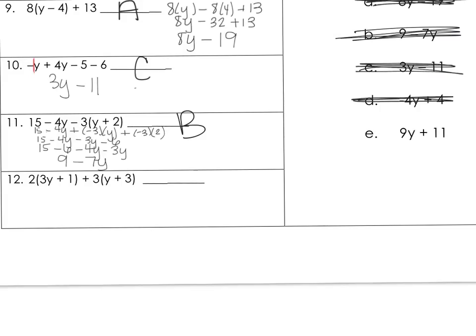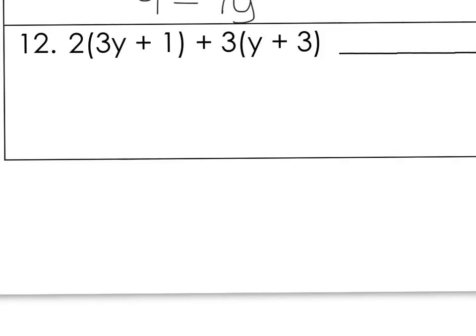Now, for those of you who don't like to show your work and like to kind of cut corners, you may recognize that 12 equals E, but you also recognize I'm the teacher that has you show your work and prove it. So we need to prove that 12 equals 9y plus 11. We're going to have to do some good old-fashioned distributing. 2 times 3y plus 2 times 1.